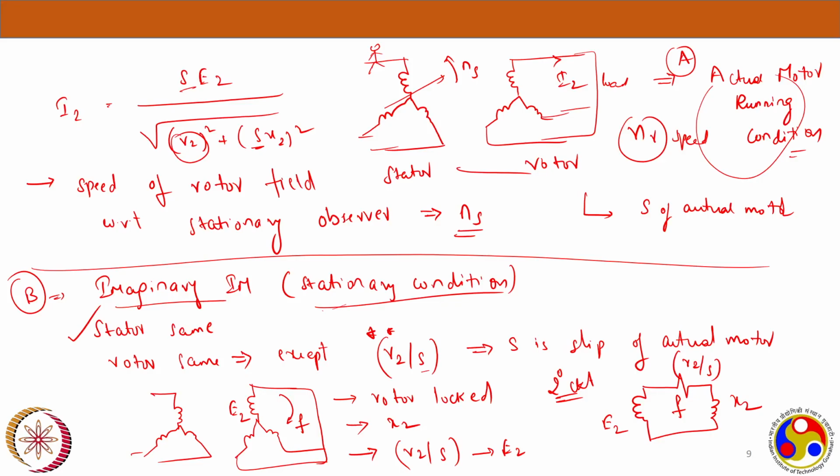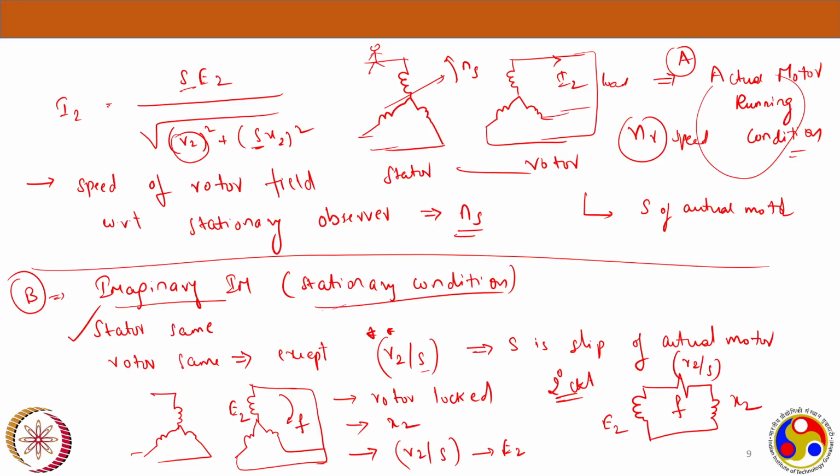So we choose that particular R2 by S for this standstill motor, because at standstill FR is equal to F. Now, in the earlier case, you know the I2 current is SE2 by root of R2 square plus SX2 square.